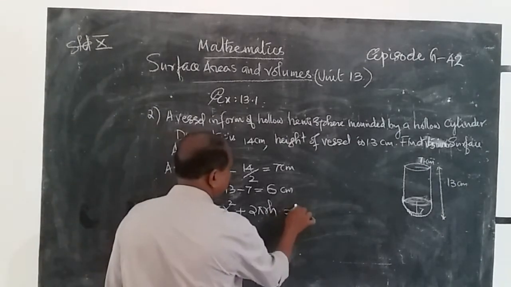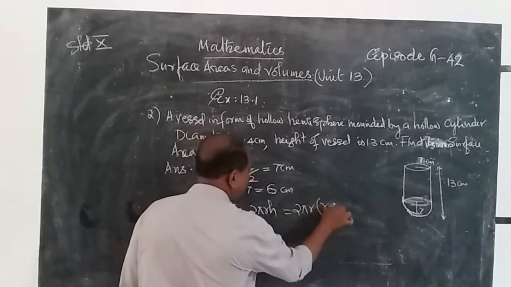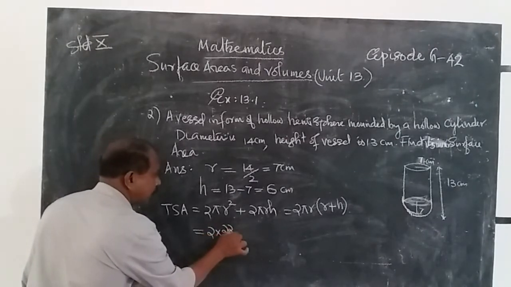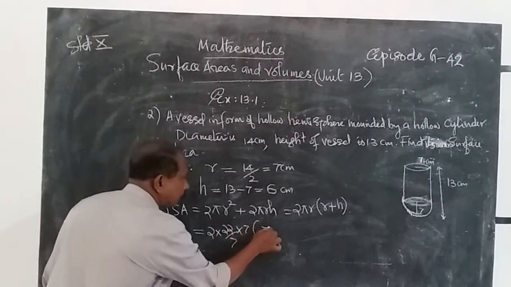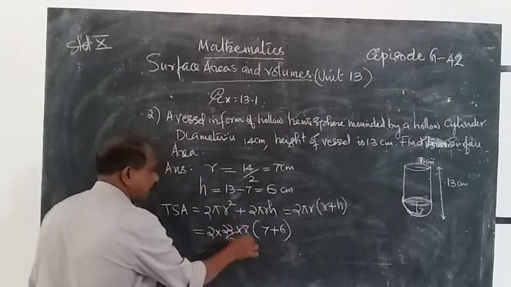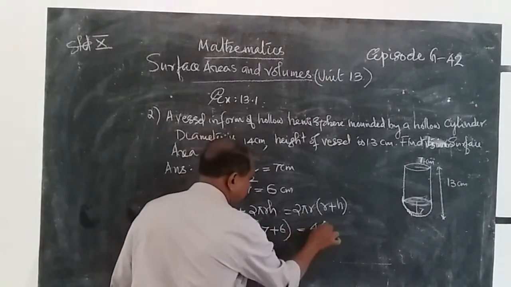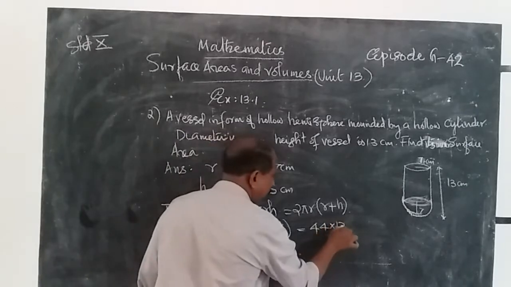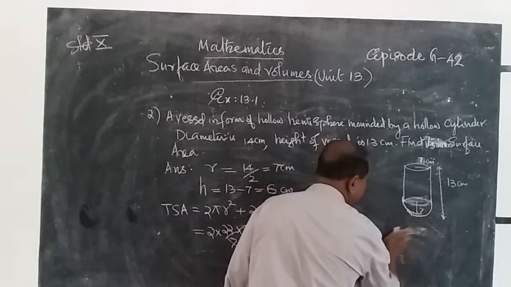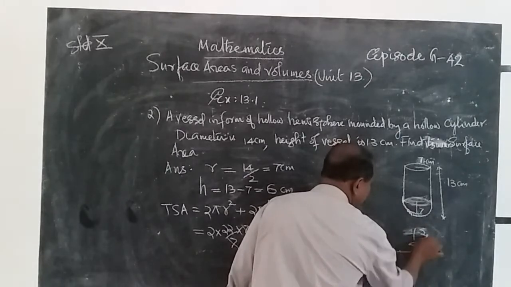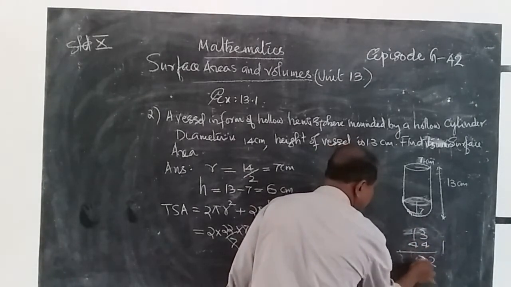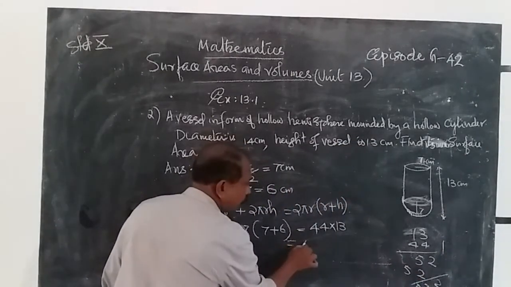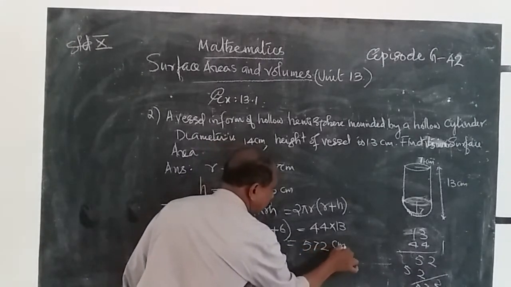Is equal to 2 pi r into r plus s is equal to 2 into pi, which is 22 by 7, r is 7, into 7 plus 6. The 7 cancels, so 22 into 2, 44, is equal to 572 centimeter square.